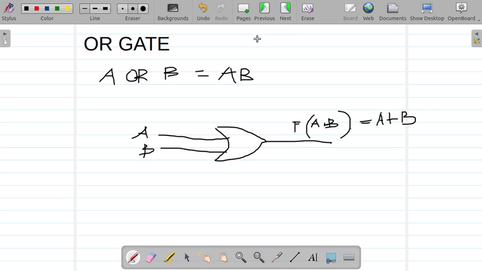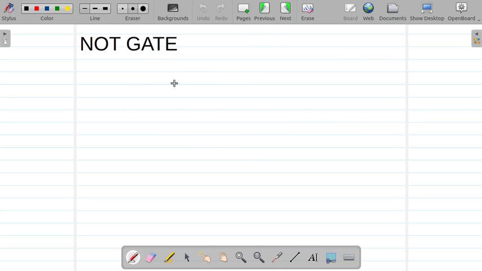So next is the NOT gate. The NOT gate is the complement. For example, A bar, or complement A, the bar on top means NOT.